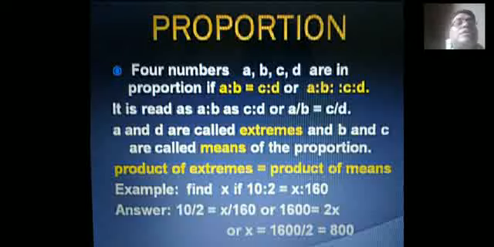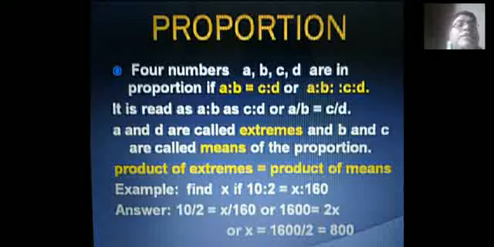Proportion. Four numbers A, B, C, D are in proportion if A is to B is equal to C is to D, or A is to B as C is to D. We read A by B is equal to C by D, where A and D are called the extreme terms or extremes, and B and C are called means.